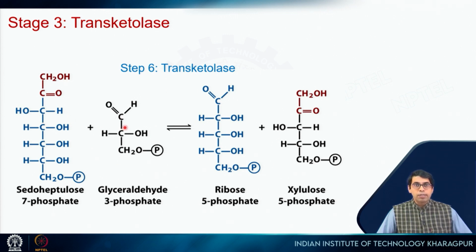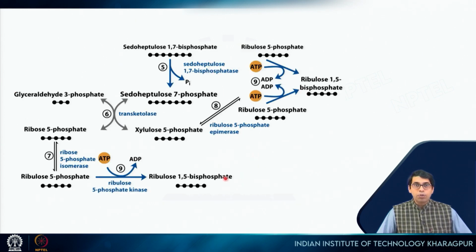So 7 plus 3 is 10. Now it forms 2 5 carbon molecules, ribose 1, 2, 3, 4, 5 and xylulose 1, 2, 3, 4, 5, right. And then these two go into these 2 pathways. So xylulose will get converted to ribulose and finally ribulose 1,5 biphosphate. Ribose also gets converted to ribulose and finally ribulose 1,5 biphosphate.